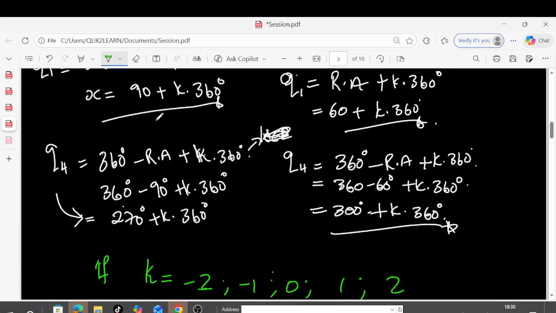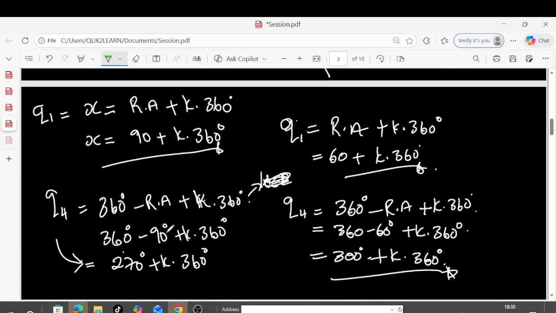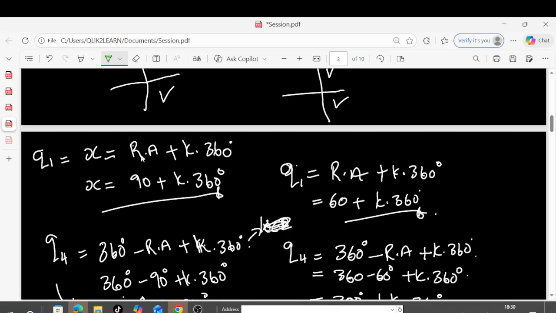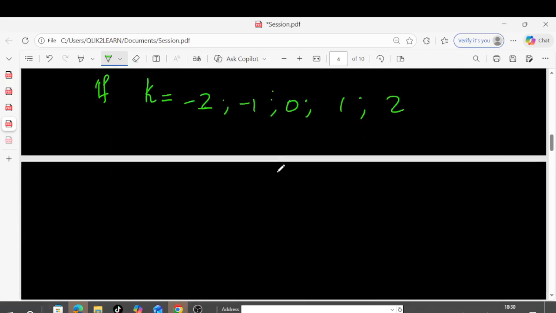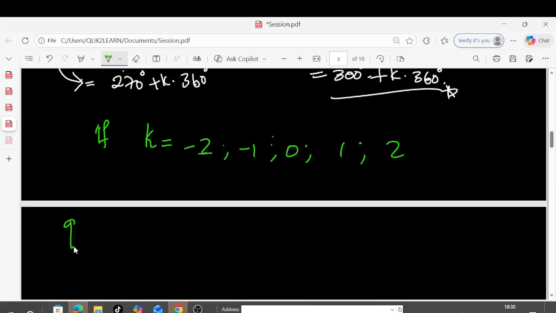Now let's first start with quadrant 1. Remember we said in Q1, x is equal to 90 plus k times 360 degrees. If we substitute -2 here, what is your answer?